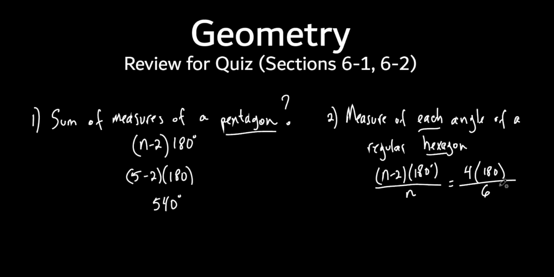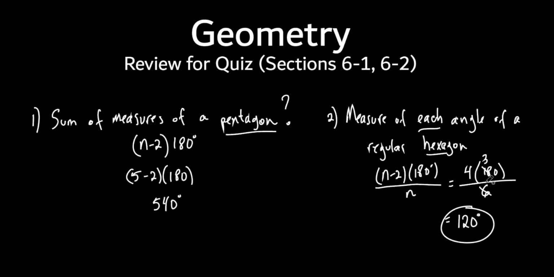Agreed? Can you do this in your head, without a calculator? Look, 6 goes into 18 how many times? 3, right? So that's 30 times 4, which is 120. So each angle of a hexagon is 120 degrees.